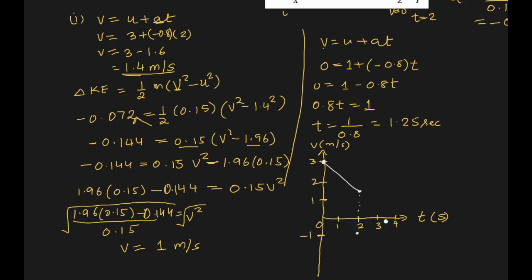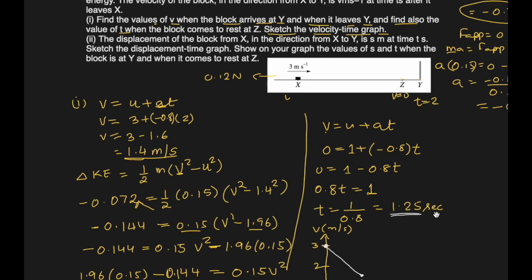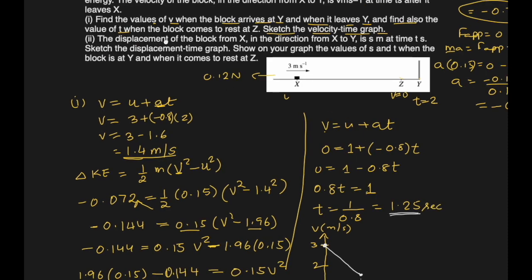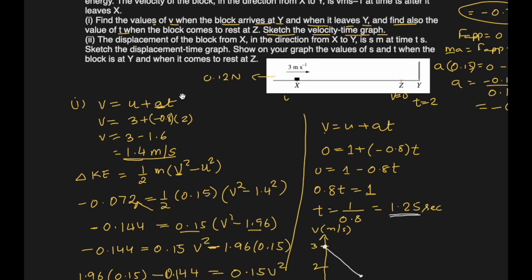Add 3.25, because 2 seconds and then 1.25 seconds later it reached z. So at 3.25 seconds, it slowed down from 1 meter per second in the opposite direction and became 0 meters per second at z. This will be the VT graph for this particular happening. Okay. Part 2, the displacement of the block from x in the direction. Okay, so we have to find, let me see what is it here.